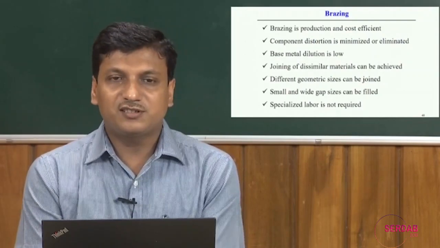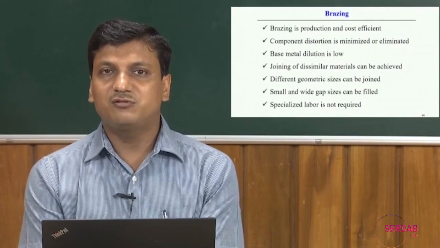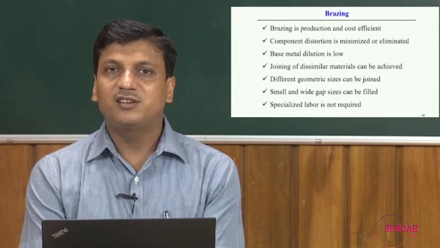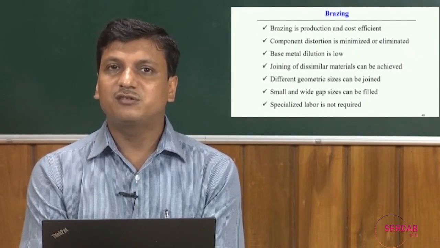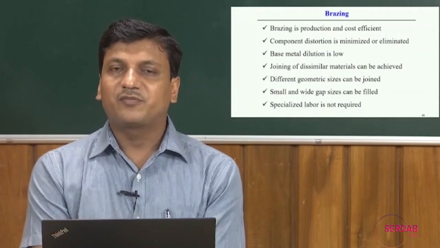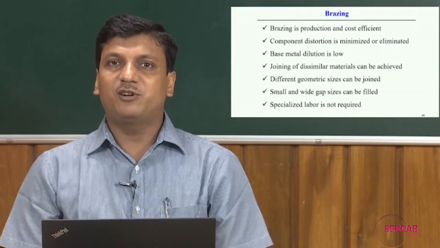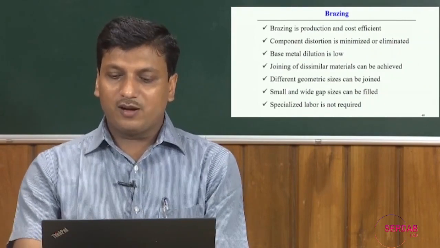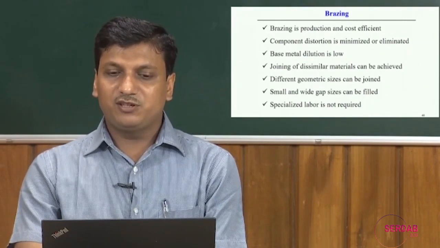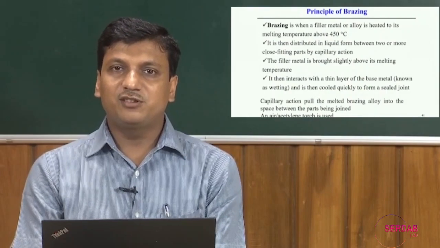And of course, there is no requirement of any specialized labor because the brazing process can be done or converted to some kind of automated process. So, with these typical advantages of the brazing process, we can look further into it.